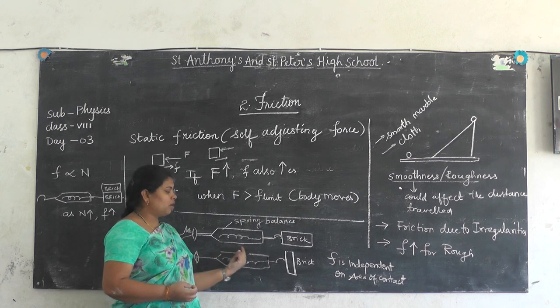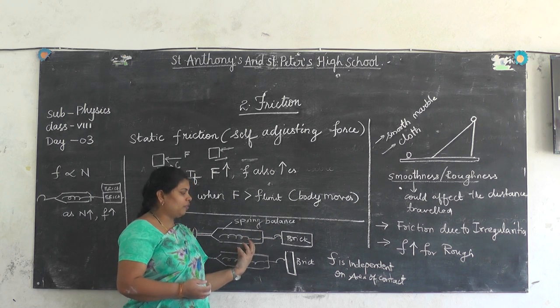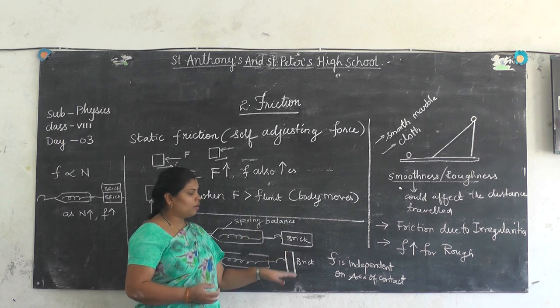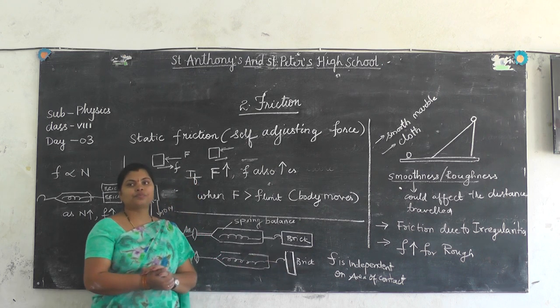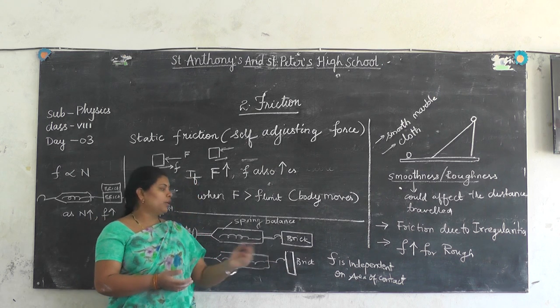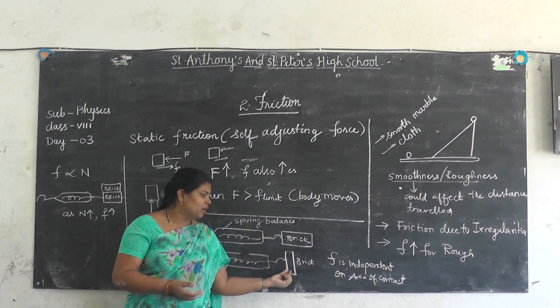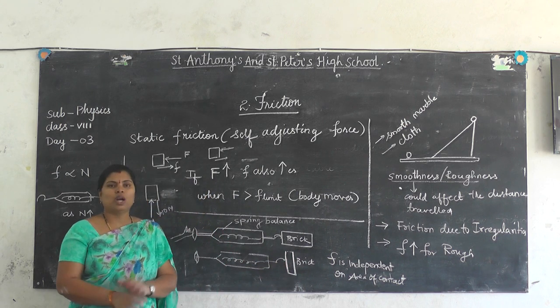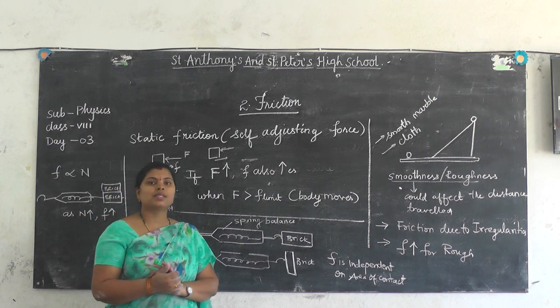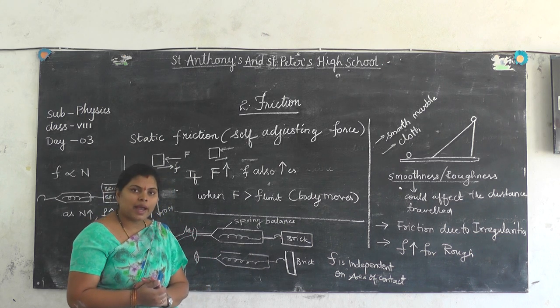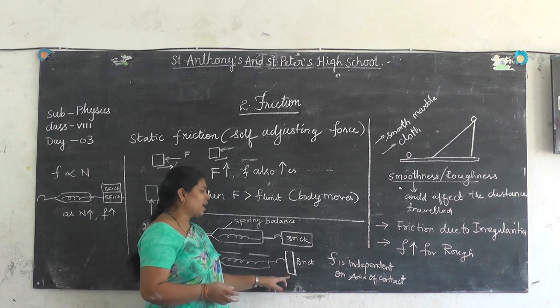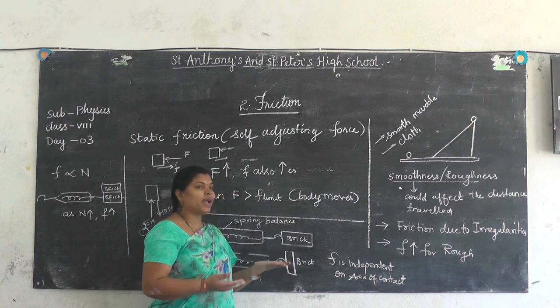Now in the same activity you place the brick in the vertical direction. First you place the brick in the horizontal direction, now you are placing it in the vertical direction. What is the difference in these two cases? Area of contact is less in the second case, whereas in the first it is more.